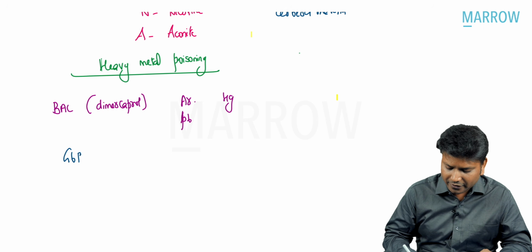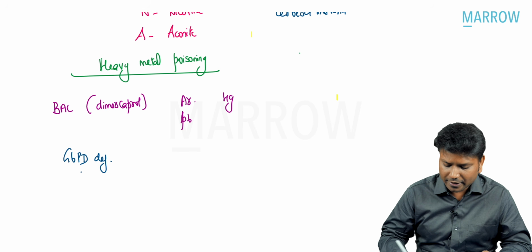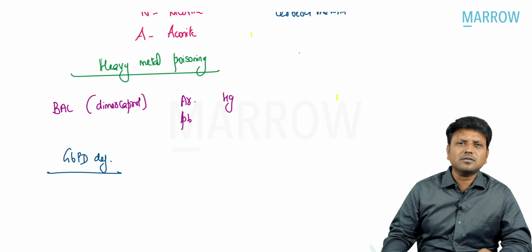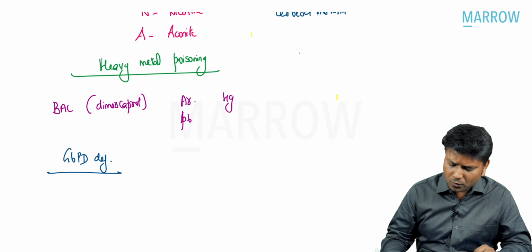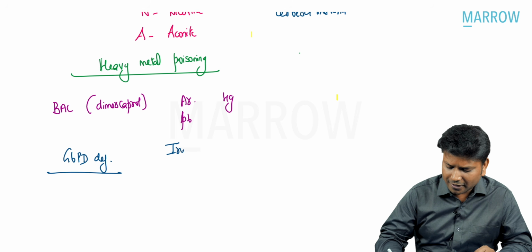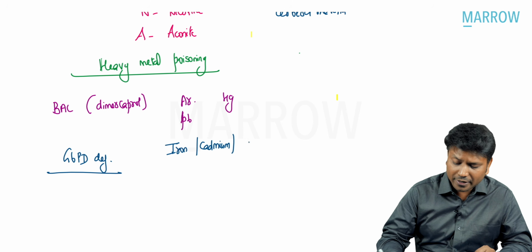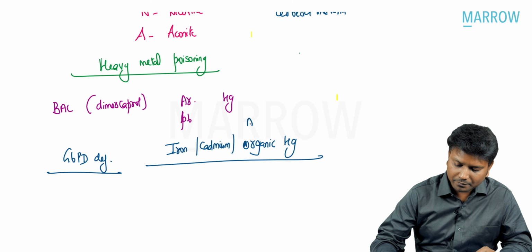If the person is suffering from G6PD deficiency, you cannot give BAL because it might induce hemolysis. Not only that, if the person is suffering from iron poisoning, cadmium poisoning, or organic mercury poisoning, you are not supposed to give BAL.